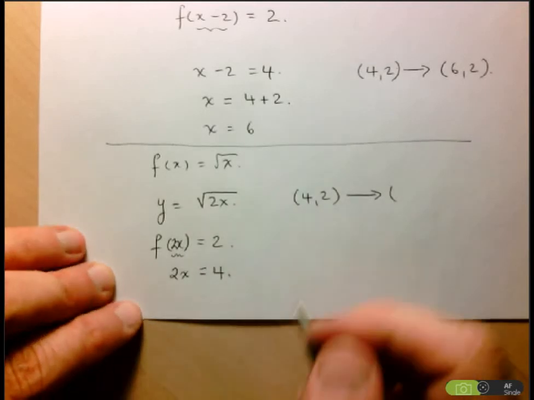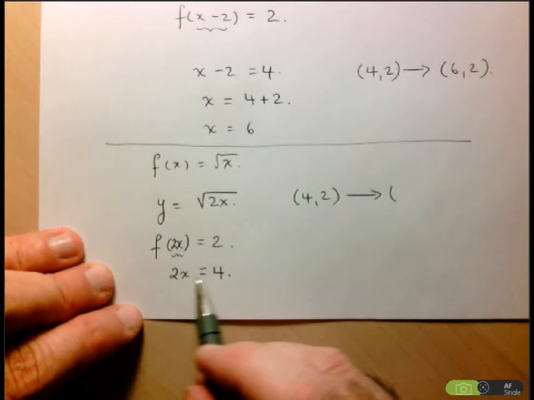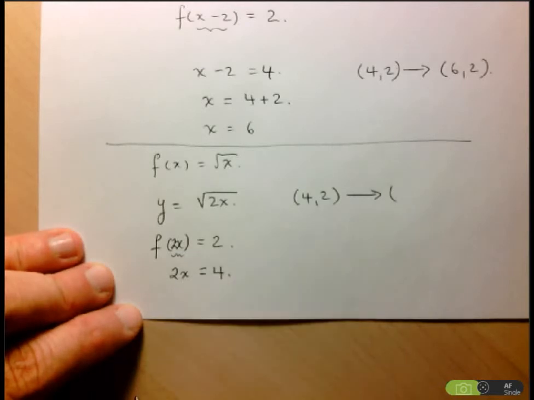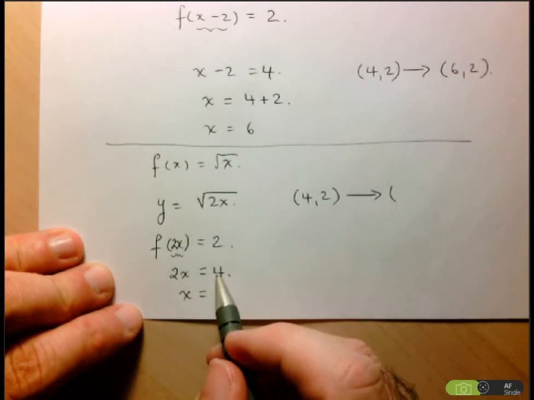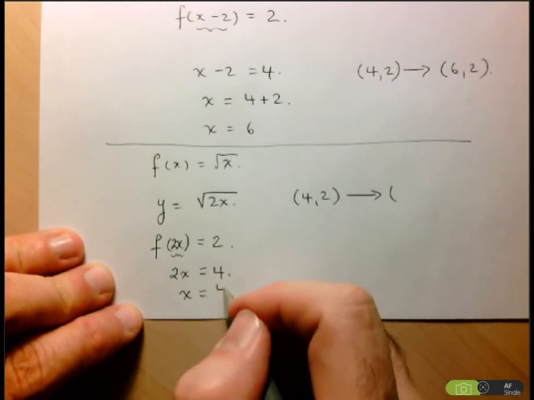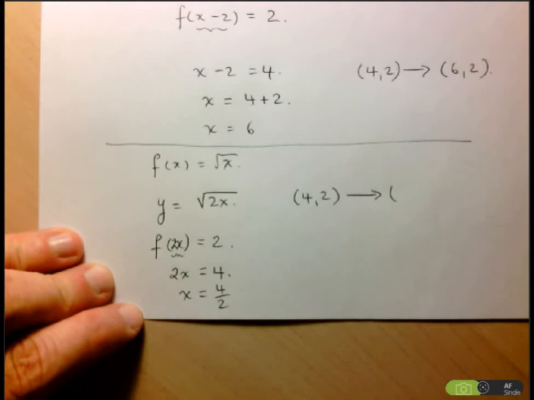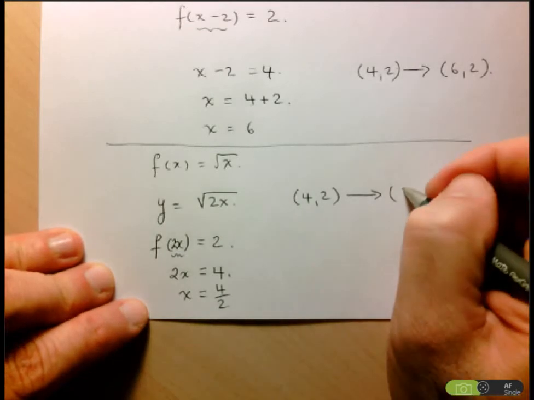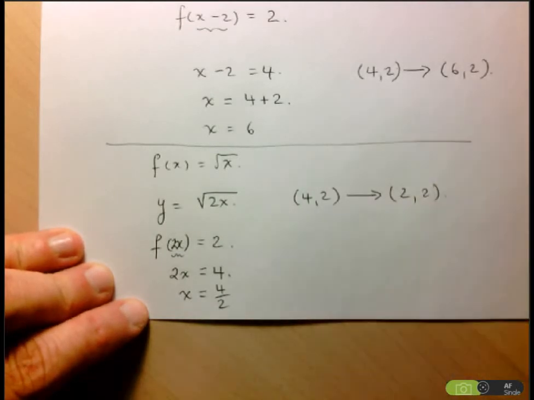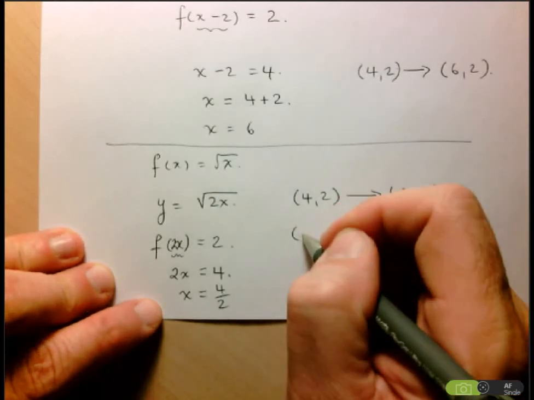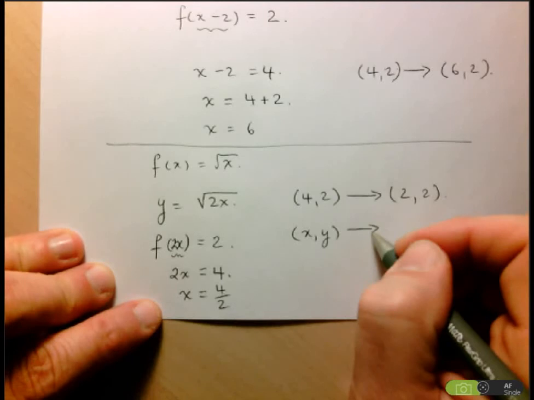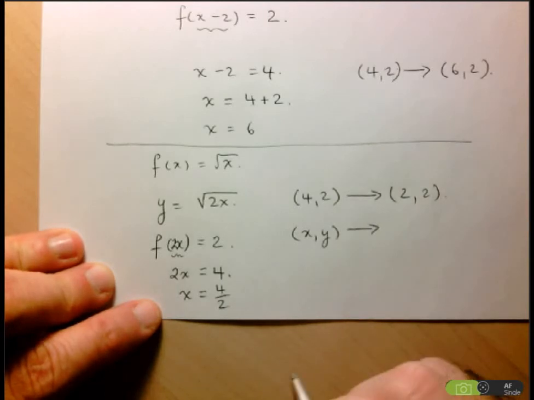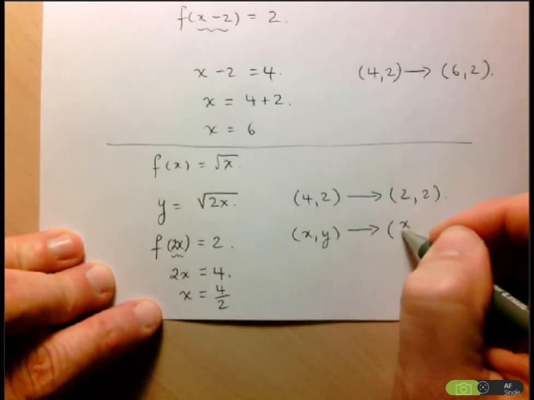And similarly, in order to achieve the value for x, I need to perform the opposite operation. So instead of multiplying the x value by 2, I have to divide it by 2. So in other words, if I take a point (x, y) on the original function, it will get transformed to the point (x divided by 2, y).